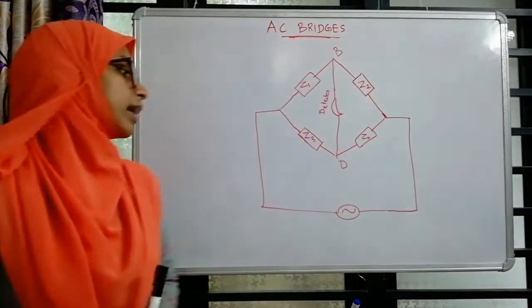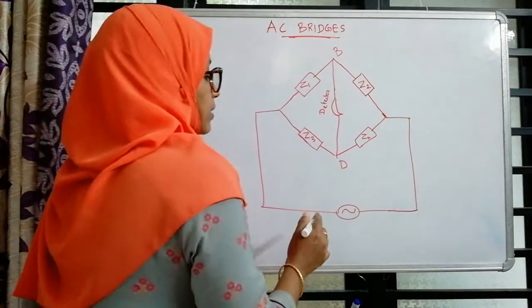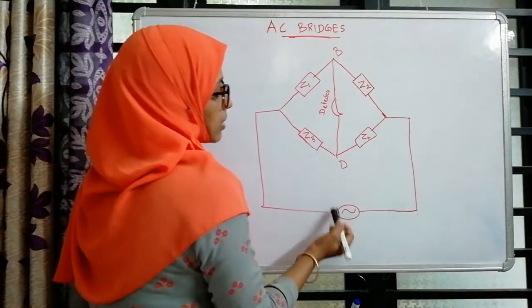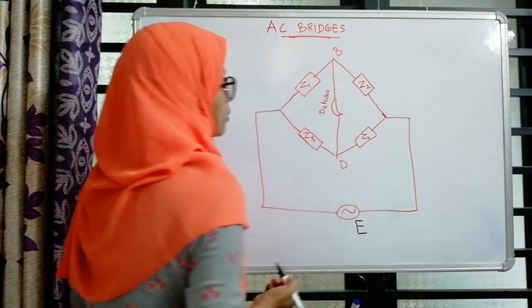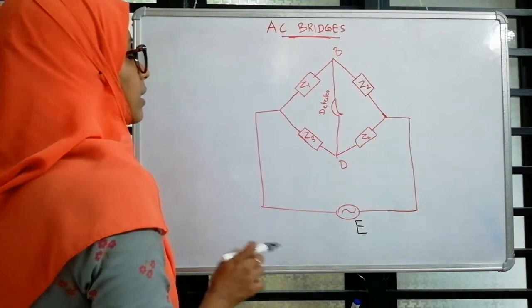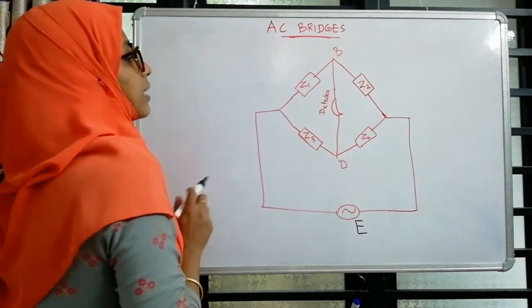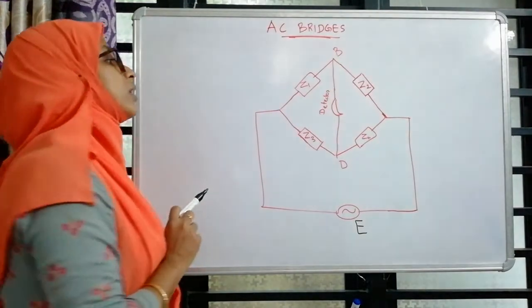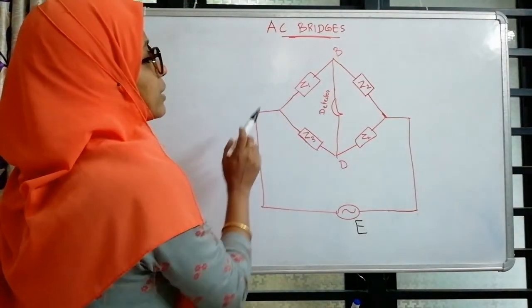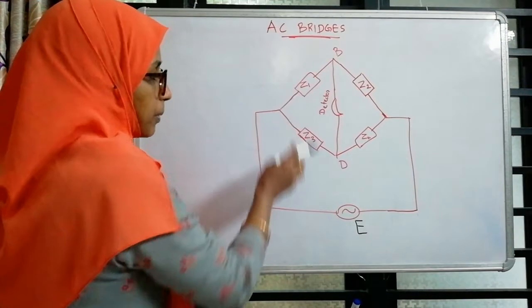So, an audio frequency is applied here as an external driving frequency using an audio frequency oscillator, and four impedances are connected. Pure resistances are replaced by impedances here, and a detector is placed to measure the minimum sound.